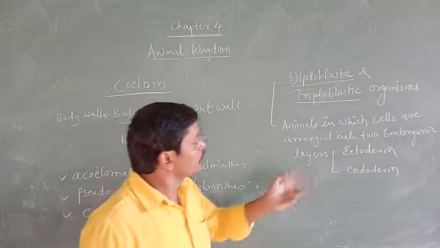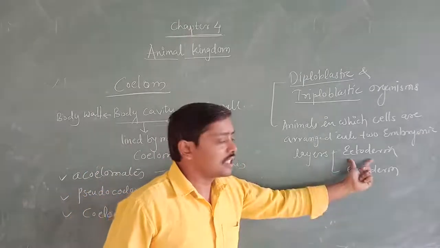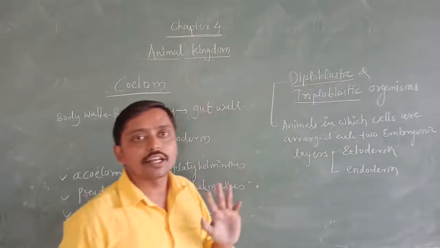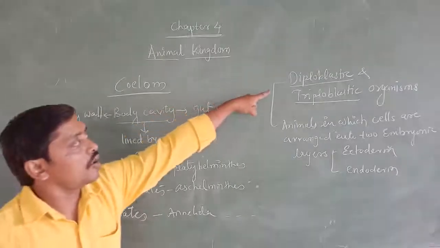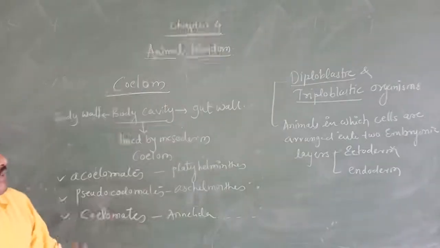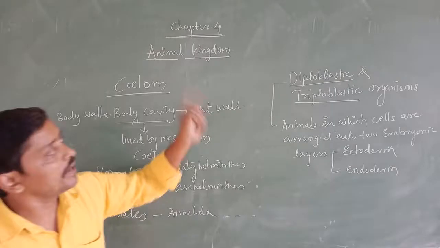Such organisms are called diploblastic organisms. Example, coelenterates.